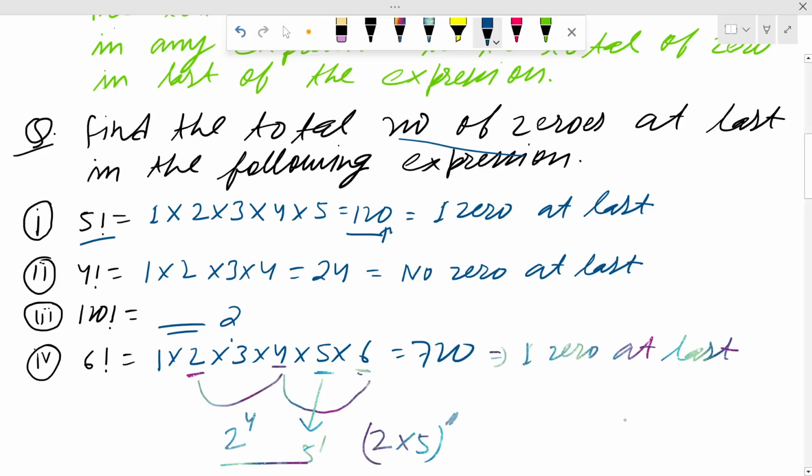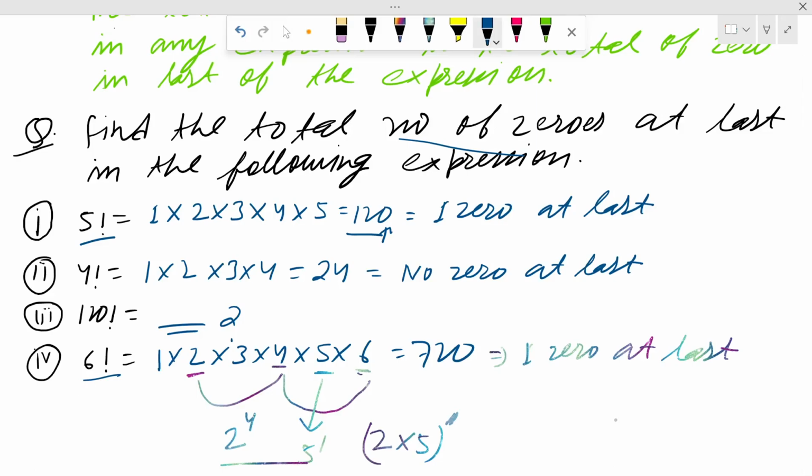If you multiply 120 by 199, it takes a lot of time. How to solve it? Look at 6 factorial: 1 into 2 into 3 into 4 into 5 into 6 is 720, so you get one zero.